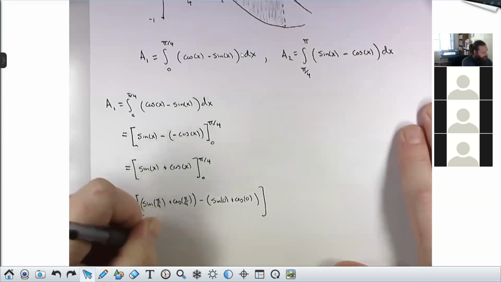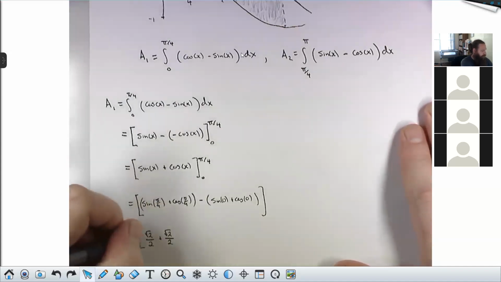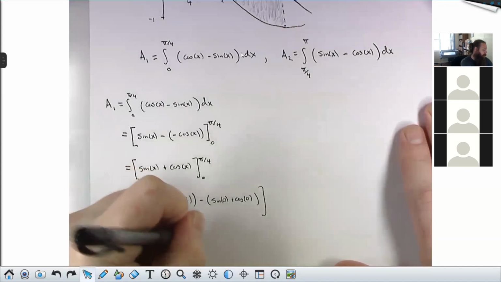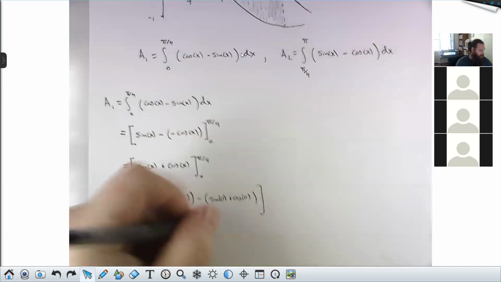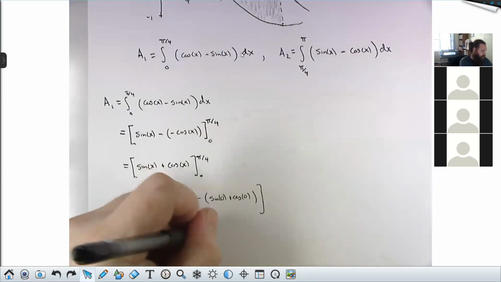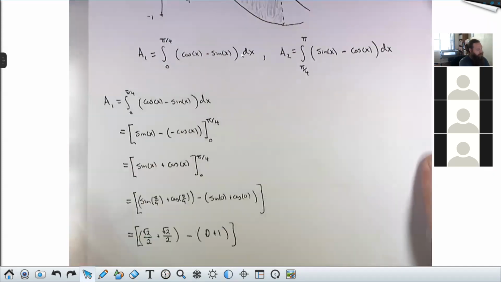This is root 2 over 2 plus root 2 over 2 minus, what's the sine of 0? 0. And the cosine of 0? 1. Good. You could write it as 0 plus 1 to make super clear where everything's coming from.